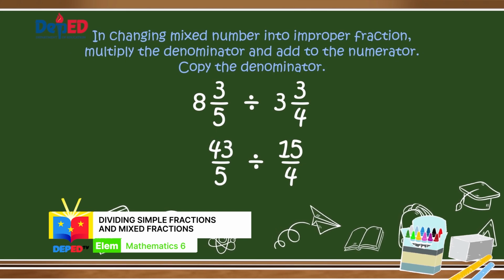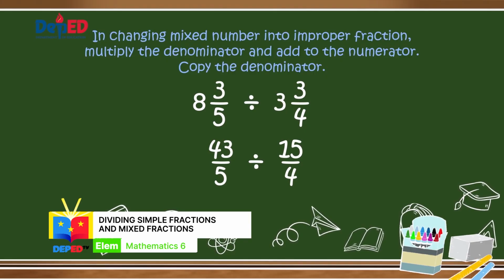In changing a mixed number into an improper fraction, multiply the denominator and add to the numerator. Copy the denominator. 8 3/5 divided by 3 3/4 equals 43/5 divided by 15/4.